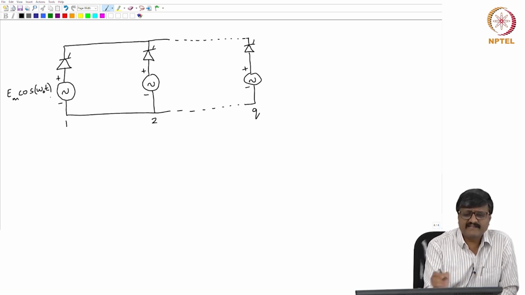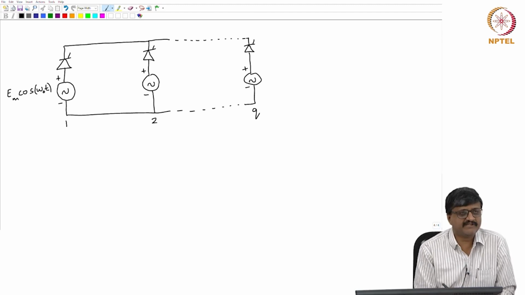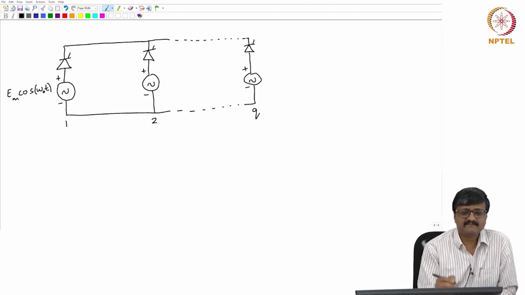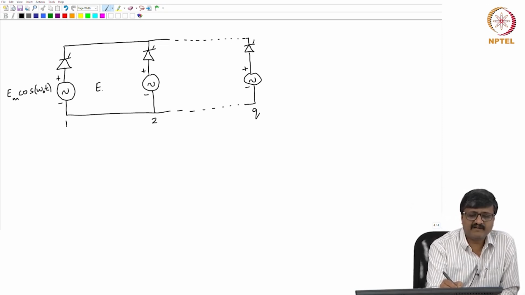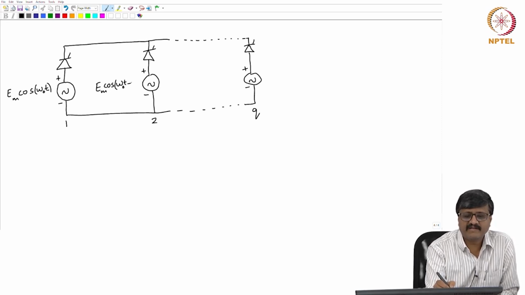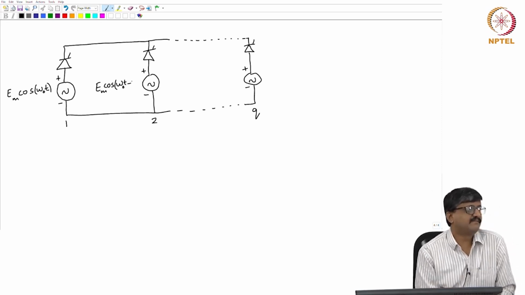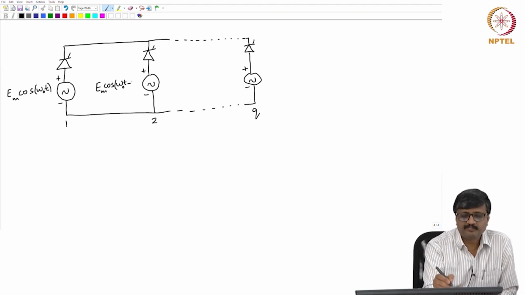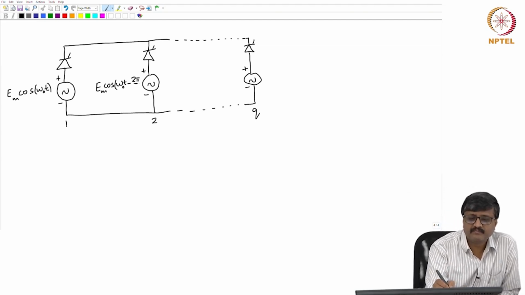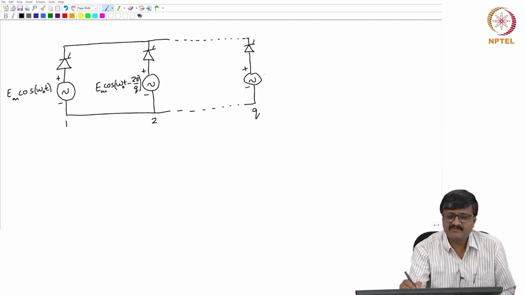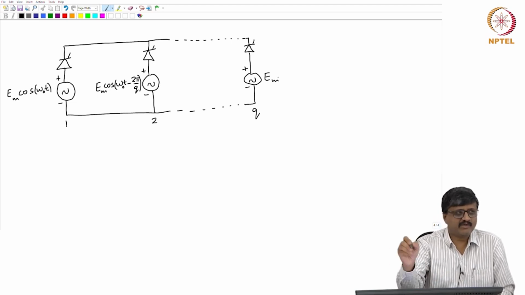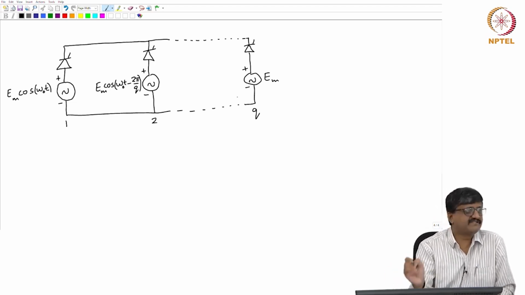So, what is the expression for the voltage across the second voltage source? Of course, it has a peak value Em cos omega ot minus, what is the phase angle? 2 pi by q. Okay. Now, coming to the last voltage source, that is the qth. I am not showing the third, fourth and so on. Okay. So, q is some positive integer.